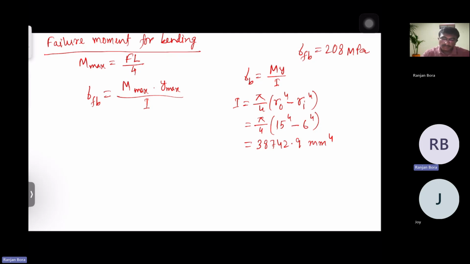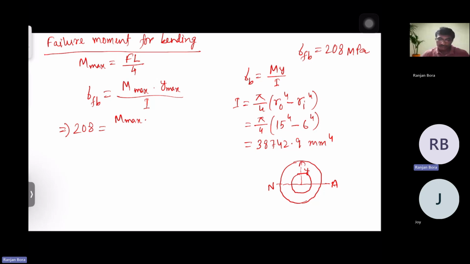So here in this equation, we can now substitute sigma FB, which is given 208, equal to M max, and in this case the cross section is an annular type of cross section, and y max from the neutral axis is the value of R naught.